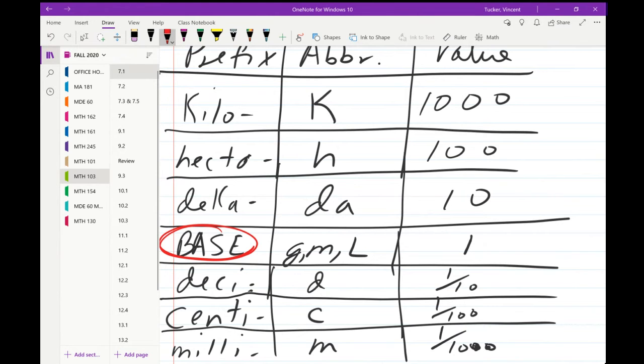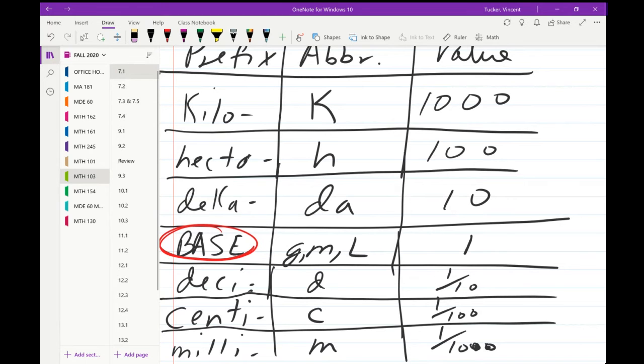All right. So those are your abbreviations for those prefixes and their value. So kilo is K, hecto is H, deca is DA. Now your base, we're going to talk about that more in a second. You're talking about grams, meters, and liters.